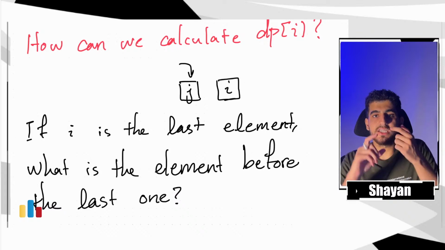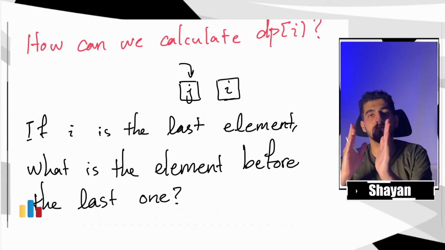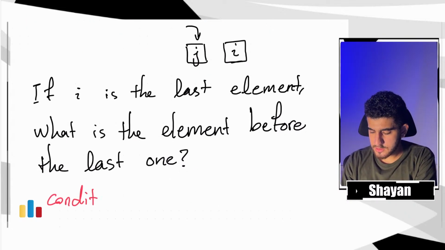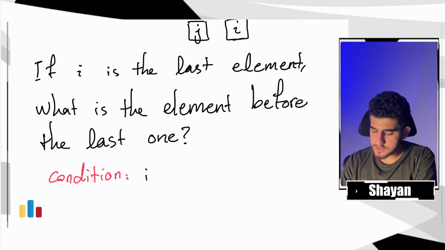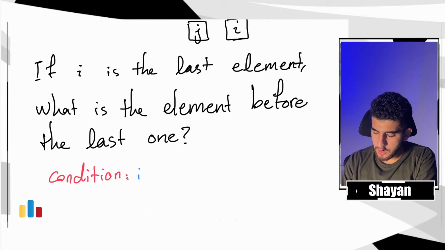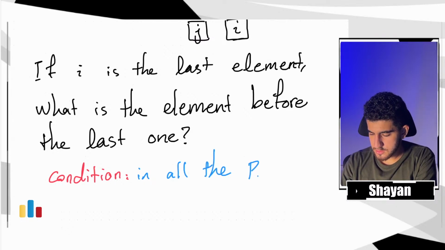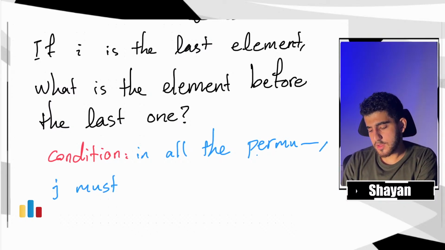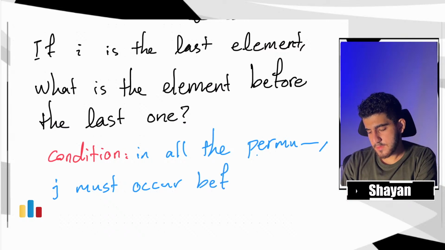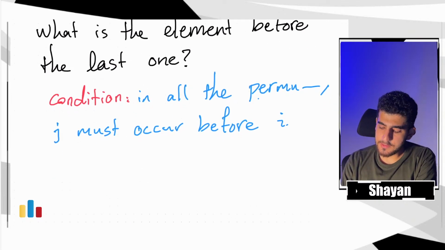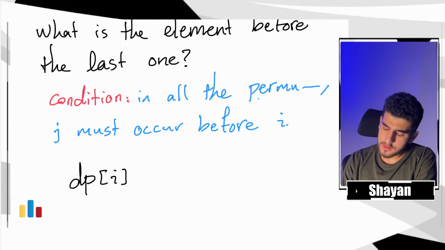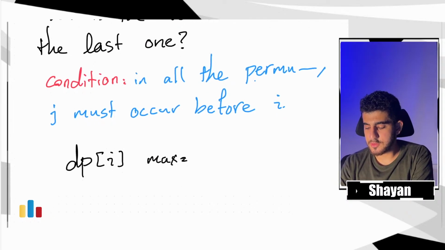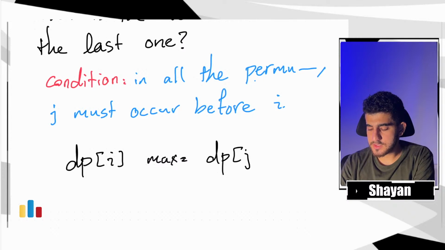The only condition is that in all of the permutations, j must occur before I. If that's the case, then we can say that dp of I max equal to dp of j plus 1. Max equal to is not really an operator in C++, you just use it as pseudocode.